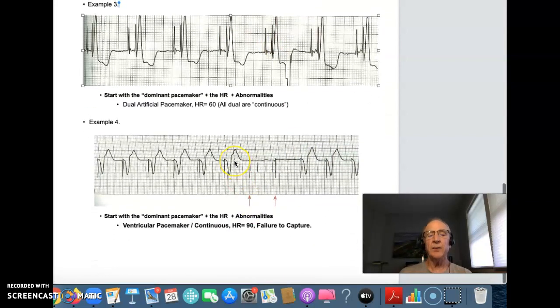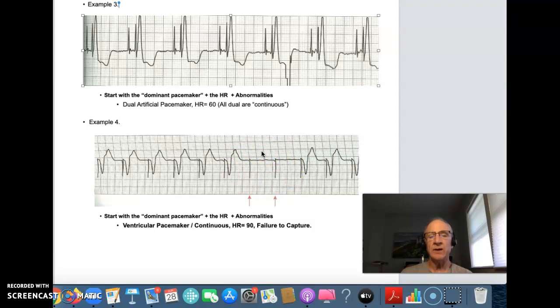The next example is your third quiz question, and you're asked to interpret this. You understand that this is a ventricular artificial cardiac pacemaker. It is continuous, and then something happens in this area. This is what you are going to do for your third step. What are the other abnormalities in this ECG strip?